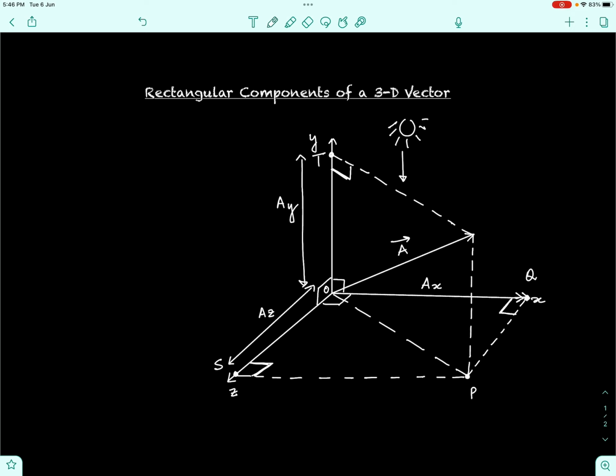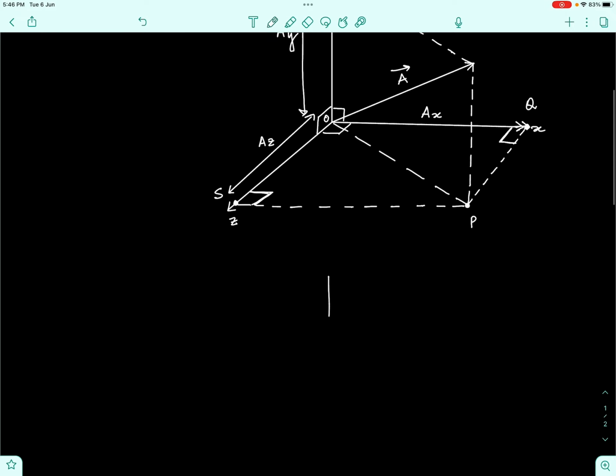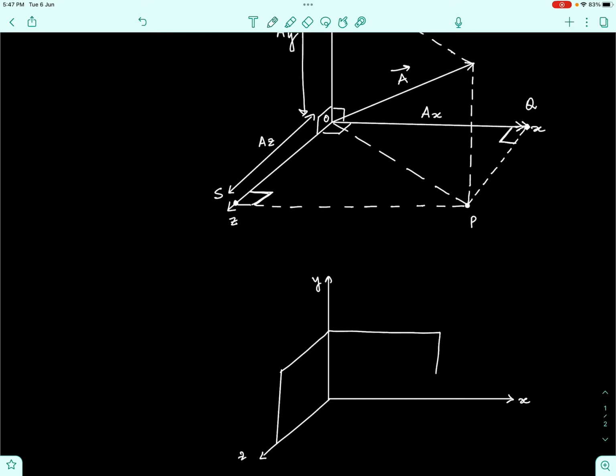In order to make it more clear, maybe we can consider something like this. We can try and draw a cuboid. Let me draw it separately here. Let us say this is the x axis, the y axis and the z axis, and there is a cuboid that we can try drawing like this.